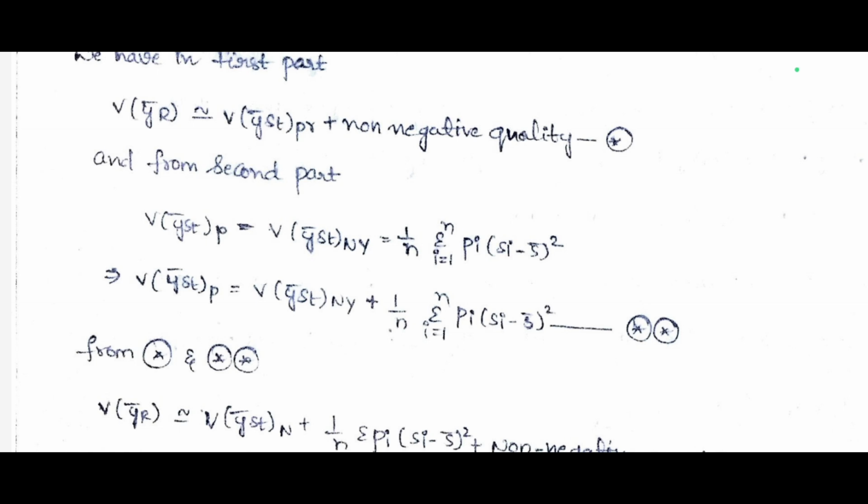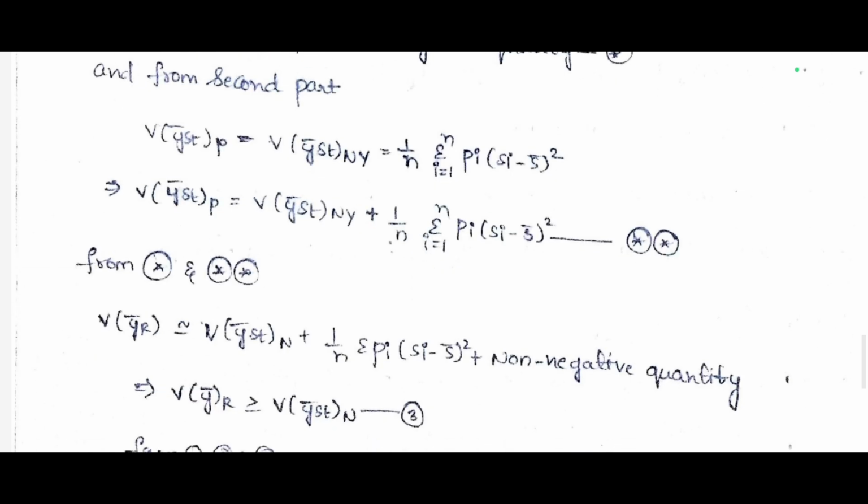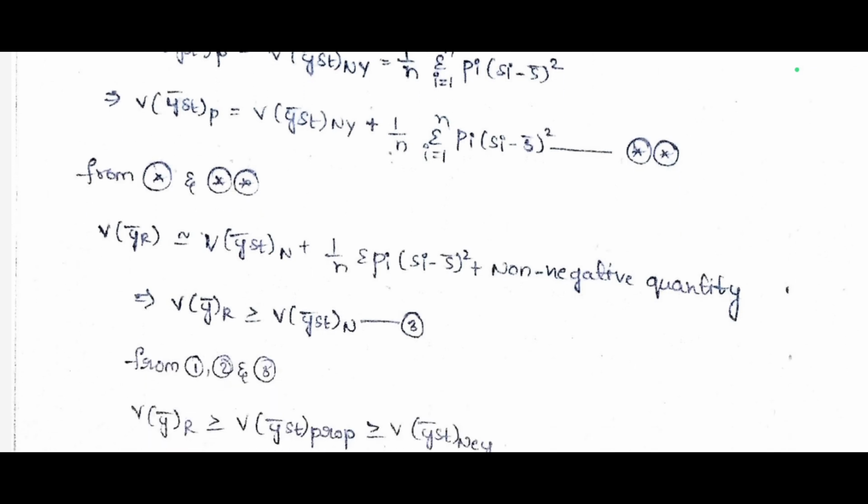So which one is greater here? The variance of y bar of r is always greater than the variance of y bar of st of Neyman, which is always less than or equal to the variance with proportionality. Put it as equation number 3.